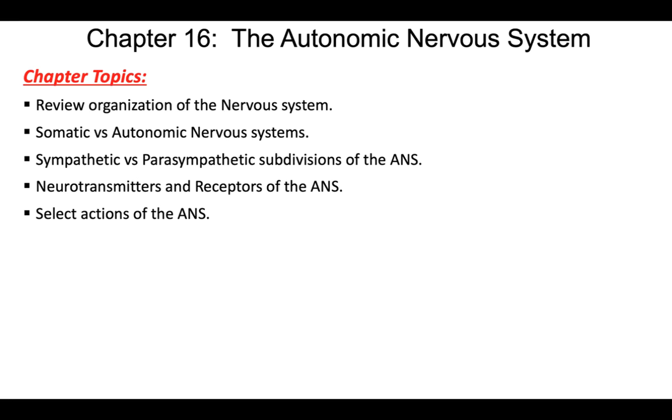What that means is we're going to take a look at different organs and see what the sympathetic division does to that organ during times of emergency or energy or exercise situations, and then what might the parasympathetic division do to that organ during rest. And a lot of these organs are going to be organs you learn about in AMP2, so it's a nice introduction to some of these internal organs.